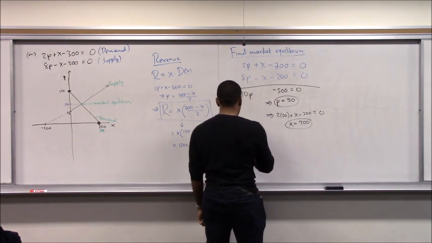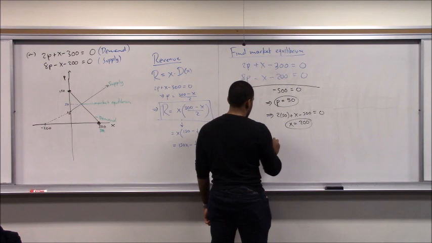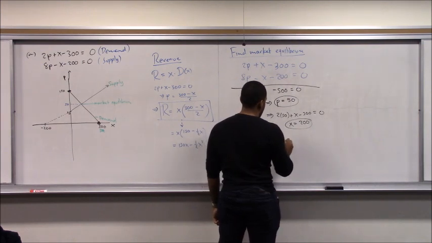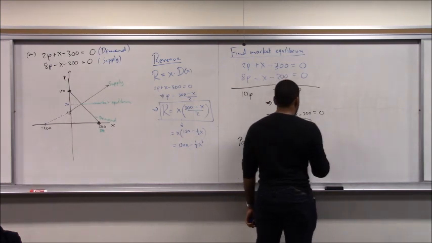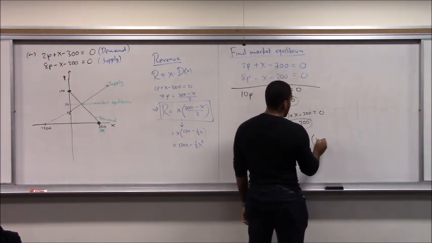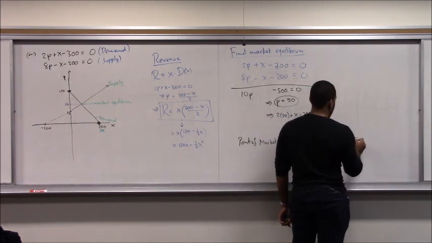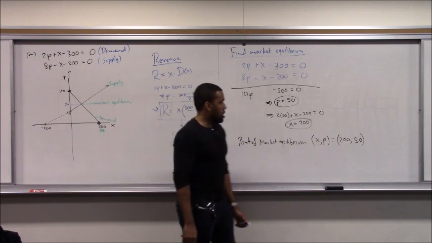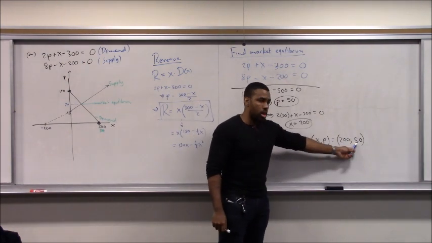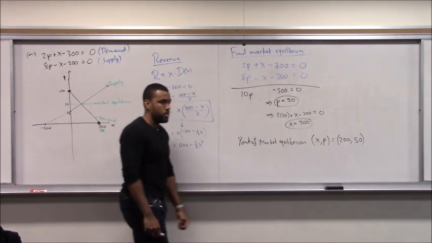So the point of market equilibrium, I'm writing it in the order x comma p, is going to be 200 comma 50. So that tells you we achieve market equilibrium if we set the price to be $50 and we would expect consumers to consume 200 products at that price.